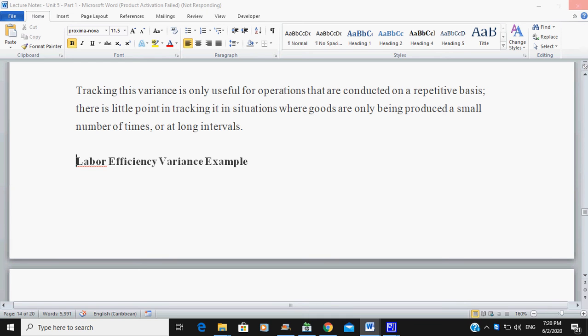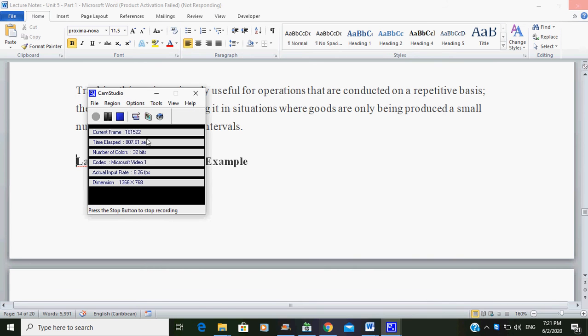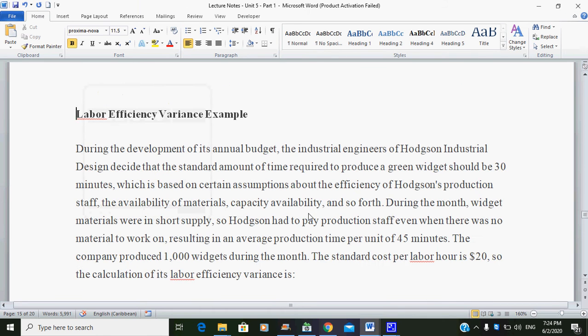During the month, widget materials were in short supply, so Hodgson had to pay production staff even when there was no material to work on, resulting in an average production time per unit of 45 minutes. The company produced 1,000 widgets during the month. The standard cost per labor hour is $20.